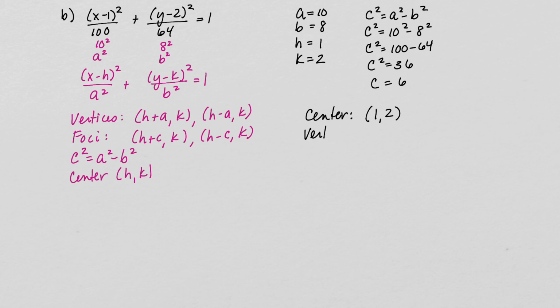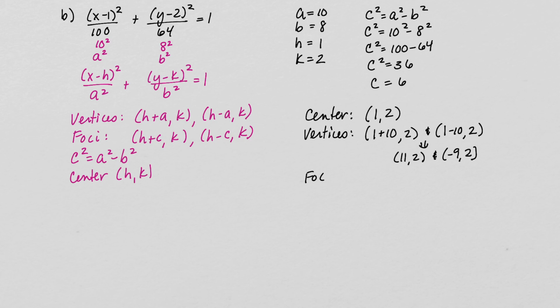Our vertices are going to be at h plus a, so 1 plus 10, comma 2, and h minus a, so 1 minus 10, comma 2. That means they're going to be (11, 2) and (negative 9, 2).